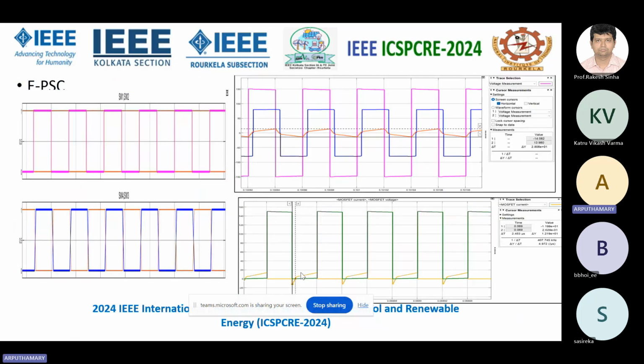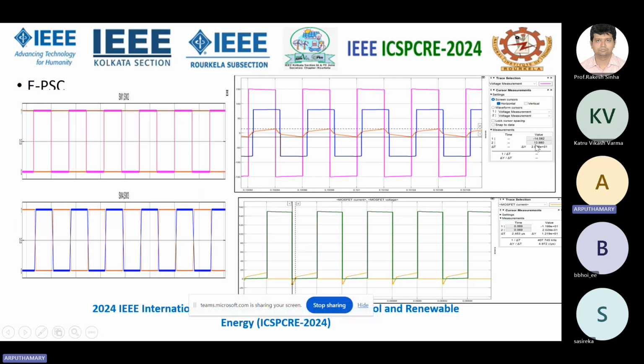Similarly, the extended phase shift has a phase shift in only one bridge internally, and the outer phase shift will be there. Then D1 will not have the phase shift. By using this sequence, I am checking the magnitude of the circulating current. It is comparatively reduced compared to the SPS.